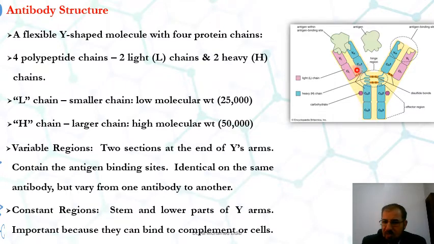So we call it C heavy 1, constant heavy 1, CH2, CH3. So this part is the constant region of the antibody. The constant region, which is the stem of the antibody, is very important because it can bind to complement or cells. And by the constant region, the antibody can do the mechanisms to do the reactions against the antigen.